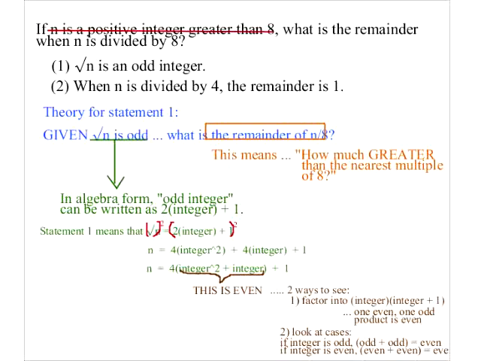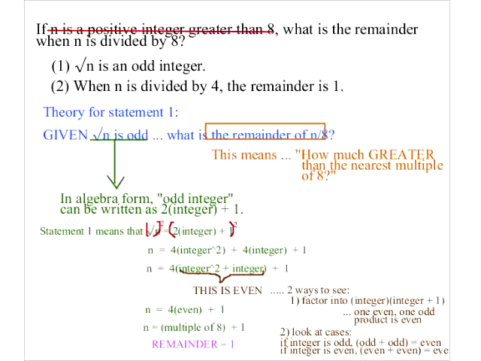So either way, you've got 4 times an even number plus 1. But if you have 4 times an even, then that's a multiple of 8, because that's 4 times 2 times something. So n is some multiple of 8 plus 1. So that means your remainder is going to be 1.